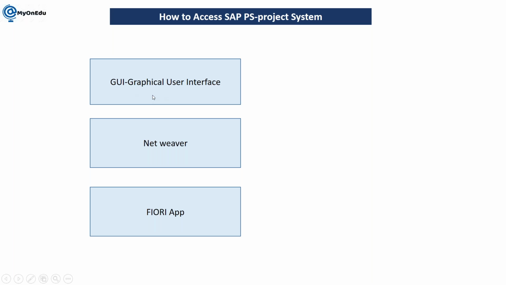To access the GUI system, first you need to install the graphical user interface logon pad on your machine. In that logon pad, you need to configure the server to which you are going to connect to access your system. Once you click there, you can enter your ID and password, and then you will be able to connect.